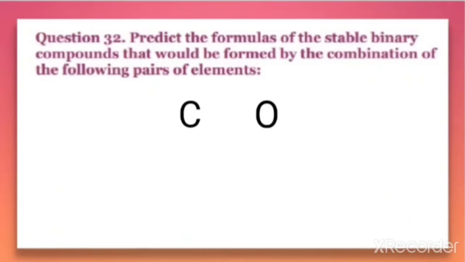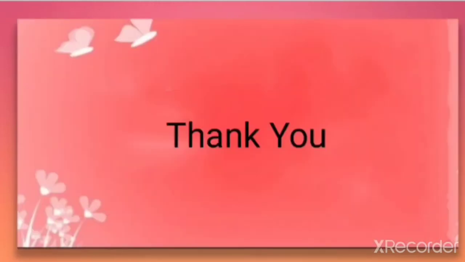So first you need to remember the position of the element in the periodic table, and if you know the position, you can find out its valence electron or valency easily. On the basis of that, you can easily frame the product. So this is all about the valency and the valence electron which we have discussed in this video.